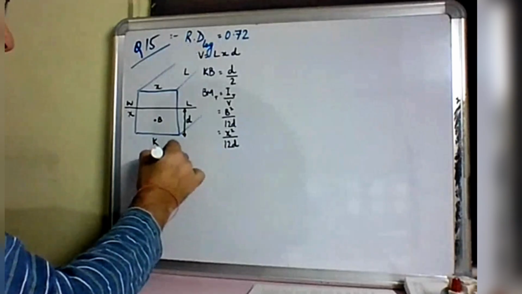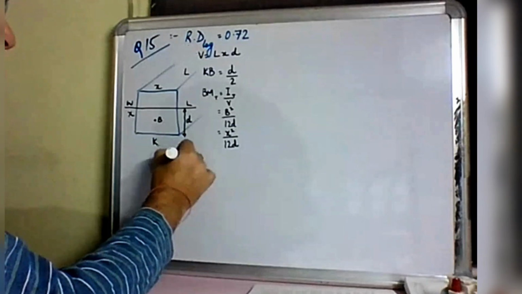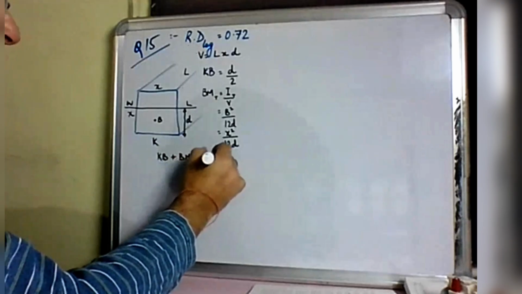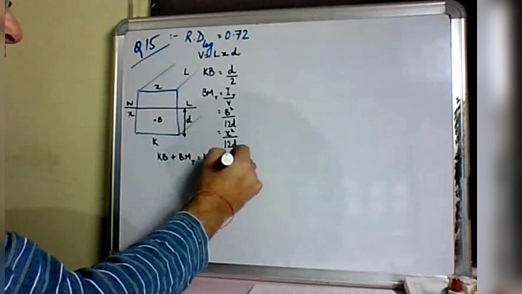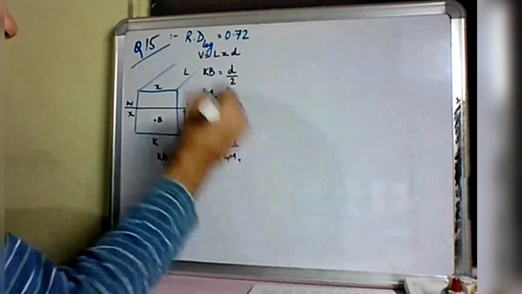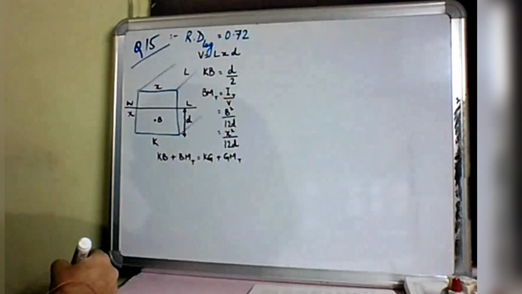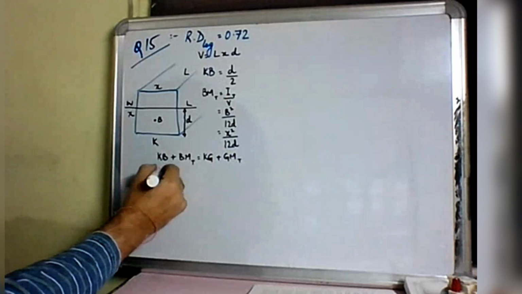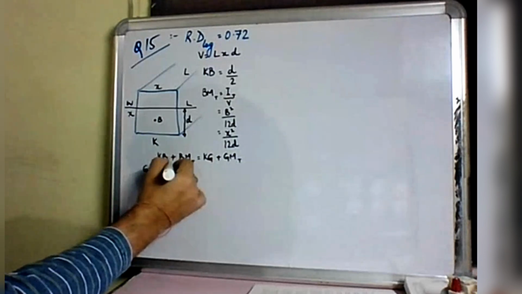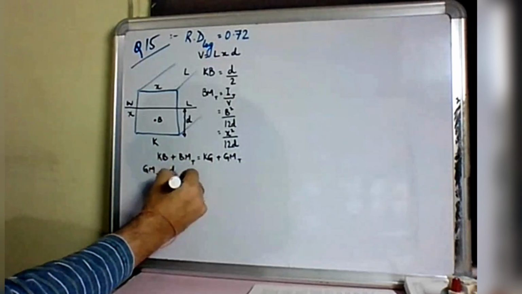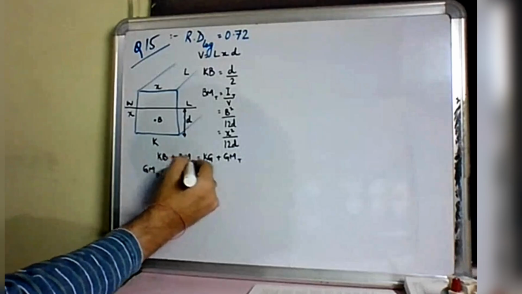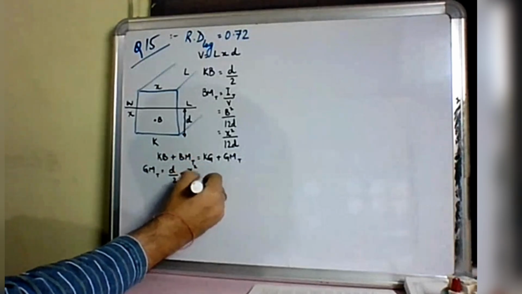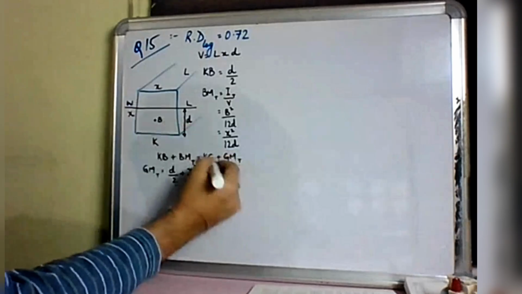I know KB plus BMT is equal to KG plus GMT. Therefore, GMT is equal to KB, d by 2, plus BMT, that is x square by 12d, minus KG.